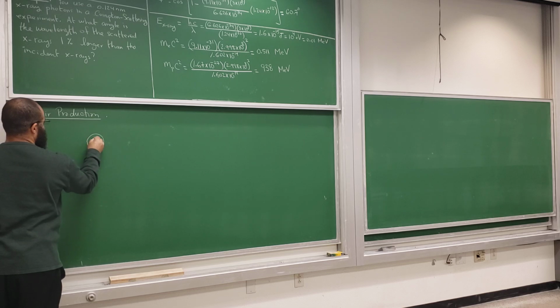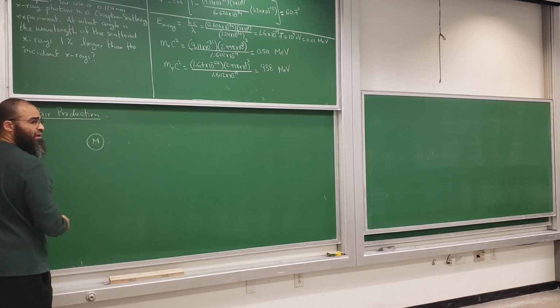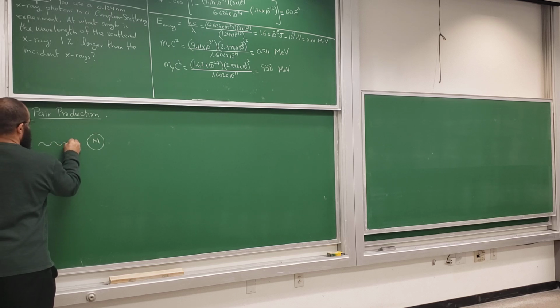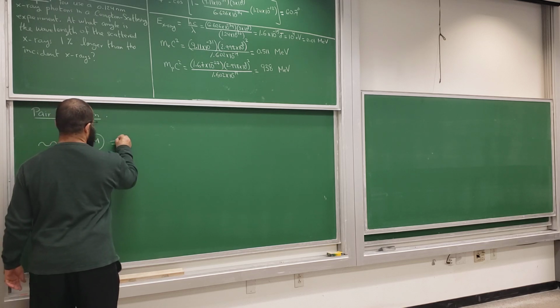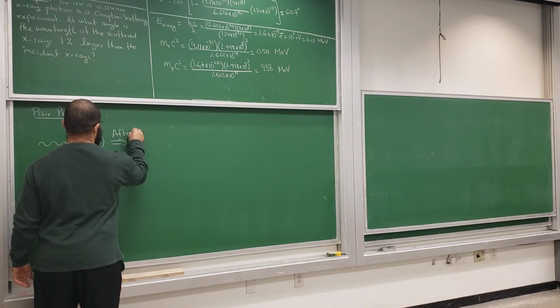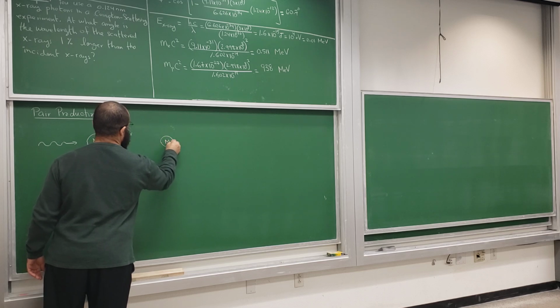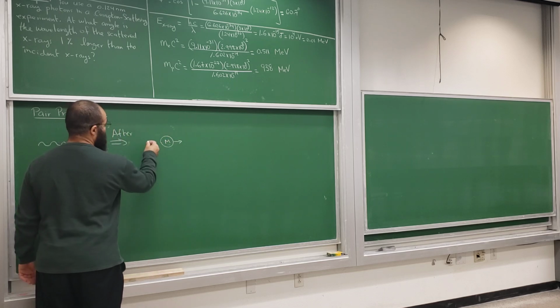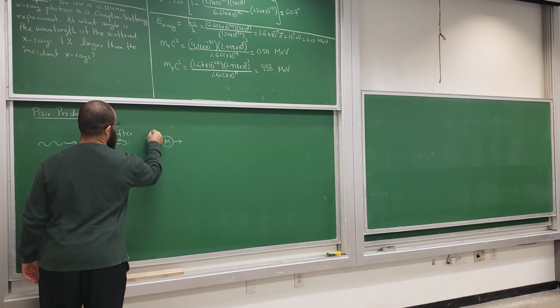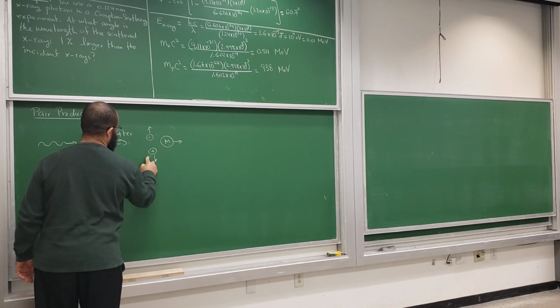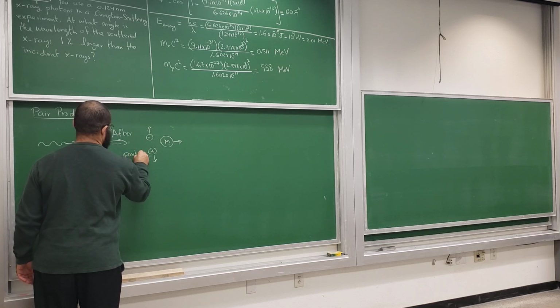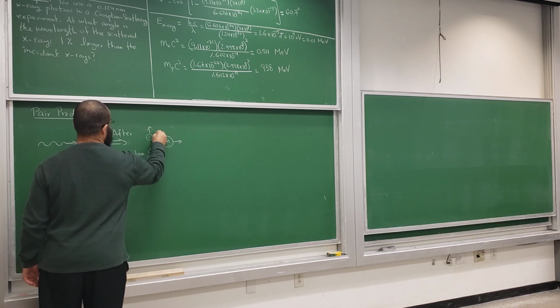let's say you have a target here, some mass M, and your photon comes in, it hits this mass M, and then after, the mass may recoil and have some speed this way, and then maybe an electron is produced, maybe it moves in a certain direction, and a positron, so let's say this is a positron, and this one is the electron.